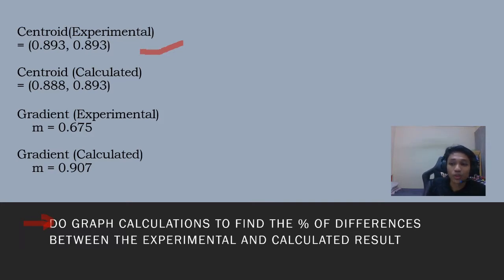We do it at the graph because we need to find the percentage of difference between the experimental and calculated results. My group only got 78% similarity to the experimental result.